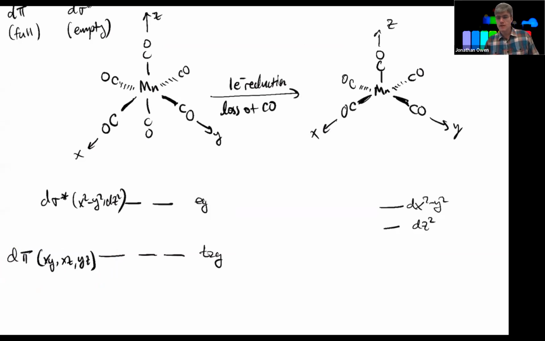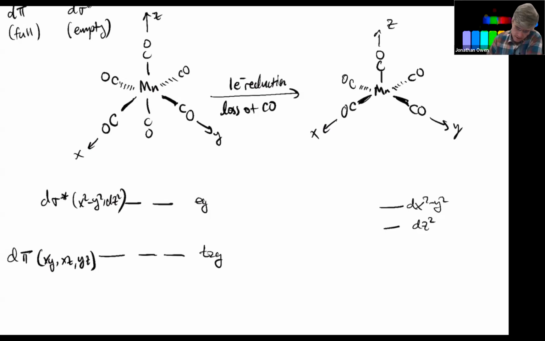Would somebody who did not raise their hand please tell me why they are affected? I think it's affected because xz and yz are required for the binding to the pi orbitals. So since we lose a ligand, xz and yz will be affected. That's right. So xz and yz are making pi bonds.